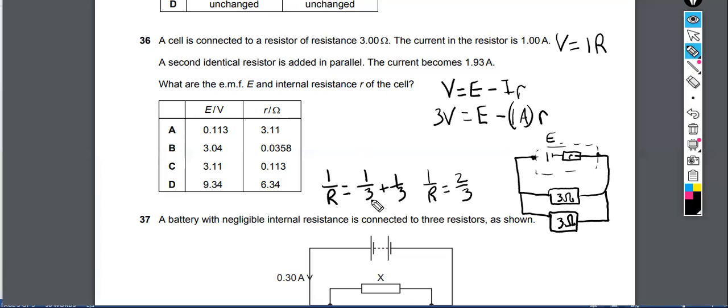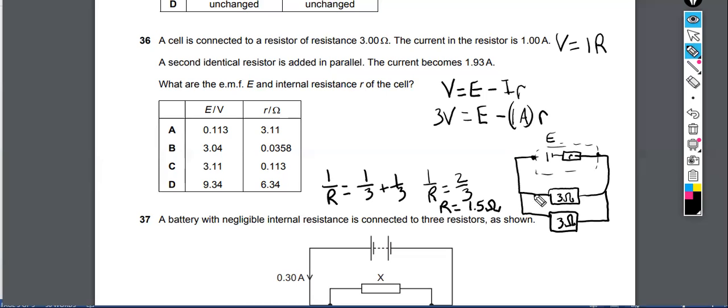Remember, we add the reciprocals of the resistances to calculate the equivalent resistance of a parallel circuit. So if 1 over R equals 2 over 3, then R equals 3 over 2, which is 1.5 ohms. So that's the new resistance in this circuit.